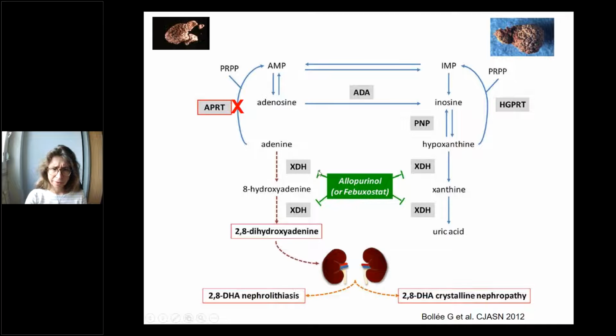You remember that this is a xanthine dehydrogenase, transforming adenine into 2,8-DHA. And you already know that hypoxanthine is transformed to xanthine and uric acid by xanthine dehydrogenase. And you already know that allopurinol is a very effective treatment for that, or febuxostat. So you will use the same treatment.